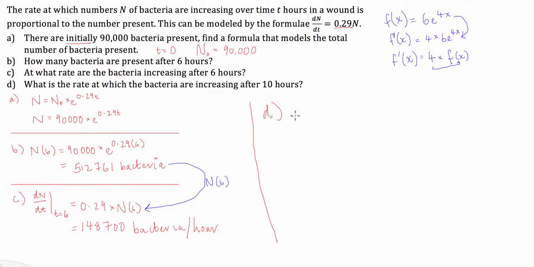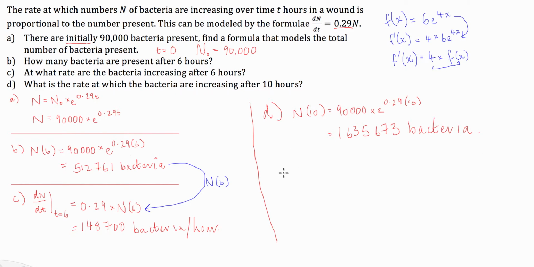So to start with, we're going to find N(10), which is equal to 90,000 times e^(0.29 times 10). And that is 1,635,67 bacteria.